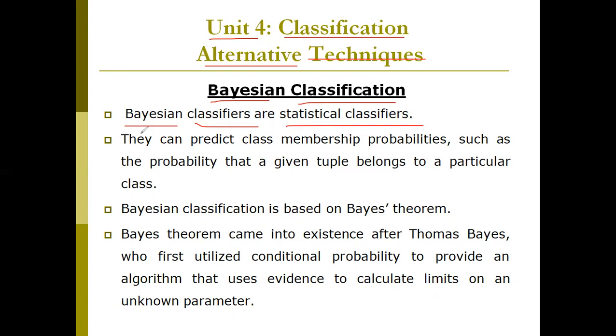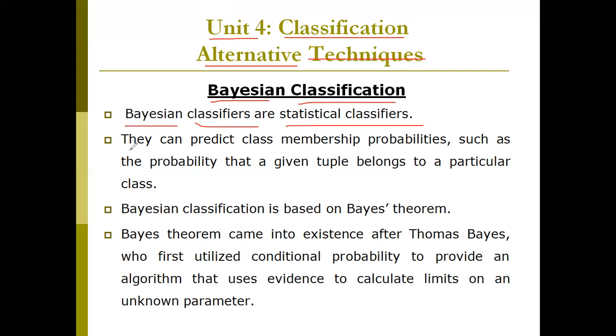This Bayesian classification is also one of the algorithms or models. It would return the results in the manner of statistics, which means this complete classification is about probabilities of the tuples.